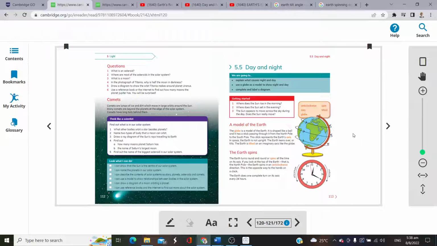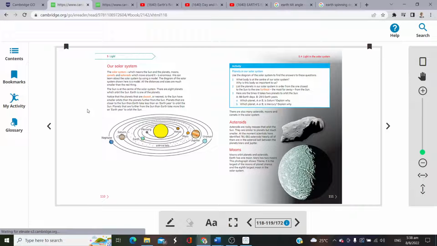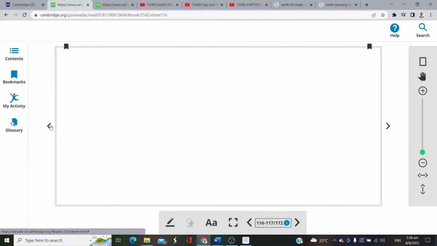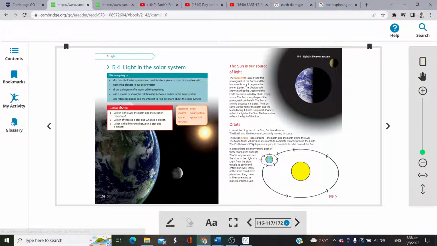So take out your learner's book. Okay, this is your learner's book, right? What we have learned last week is our solar system, which is subtopic 5.4, light in the solar system, where we have learned about the orbits. What are the orbits?